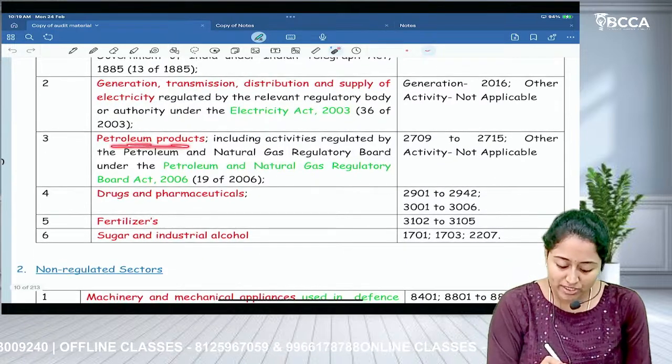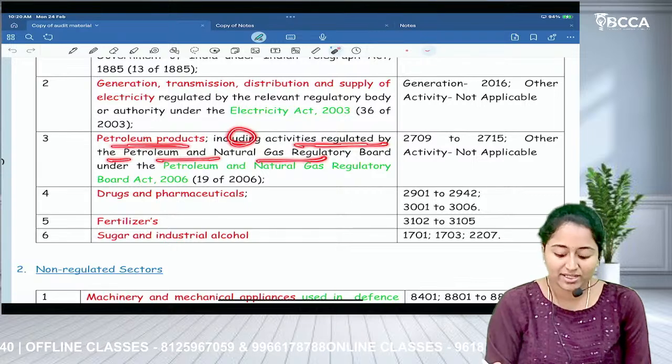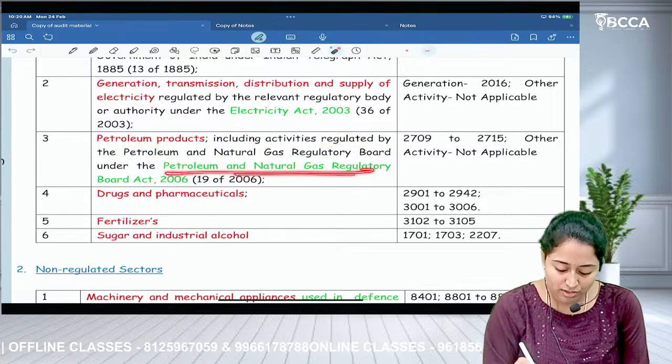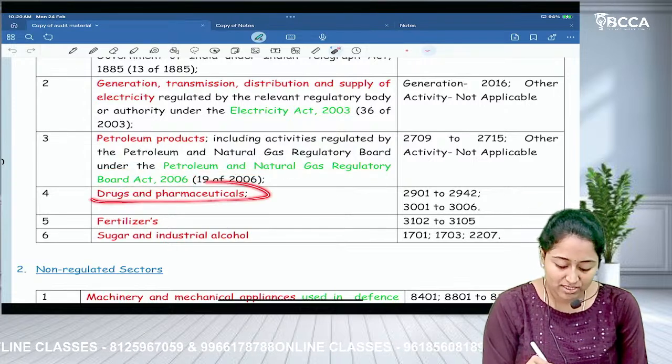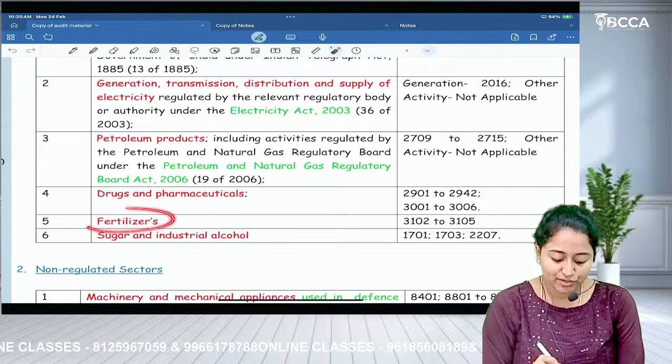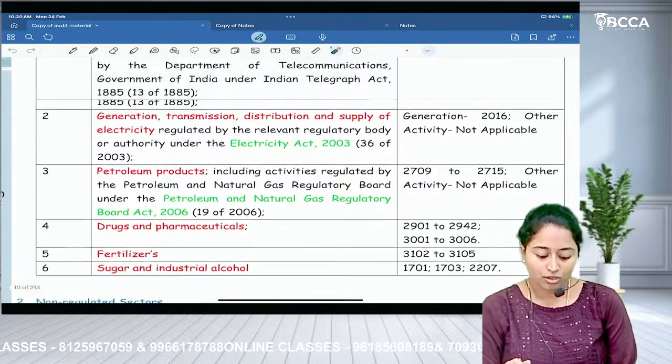Next, petroleum products including activities regulated by the Petroleum and Natural Gas Regulatory Board under the Petroleum and Natural Gas Regulatory Board Act 2006. Fourth is drugs and pharmaceuticals. Fifth is fertilizers, and sixth is sugar and industrial alcohol.